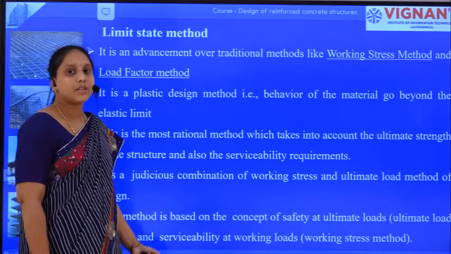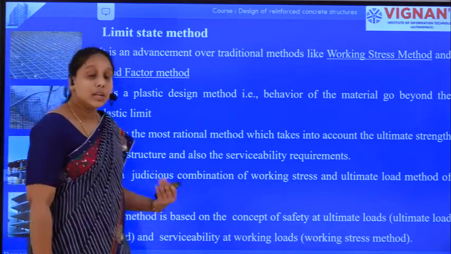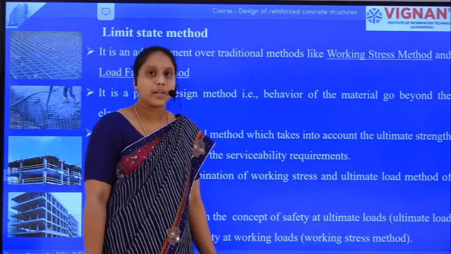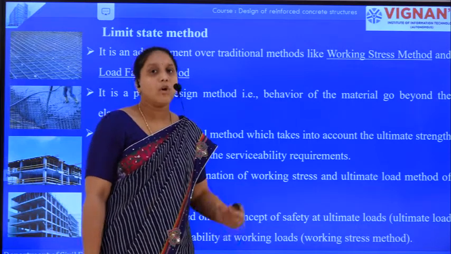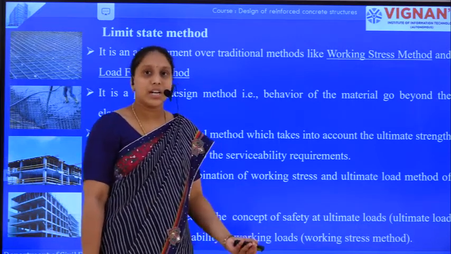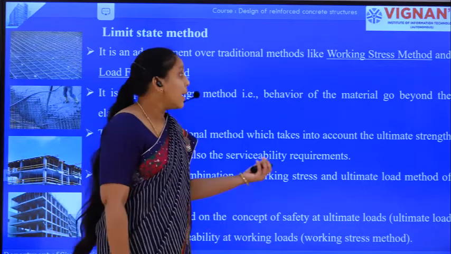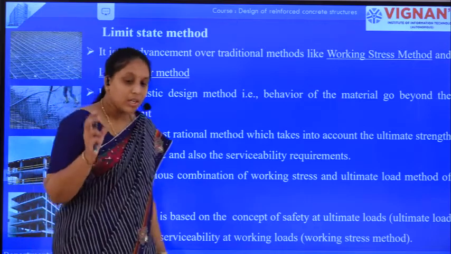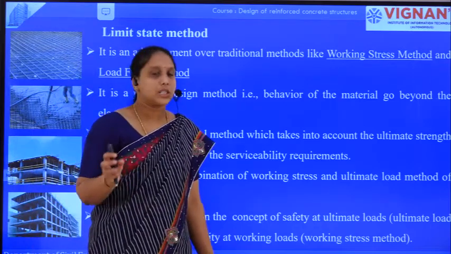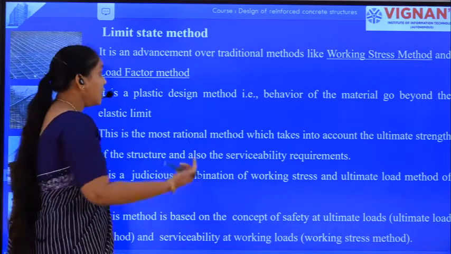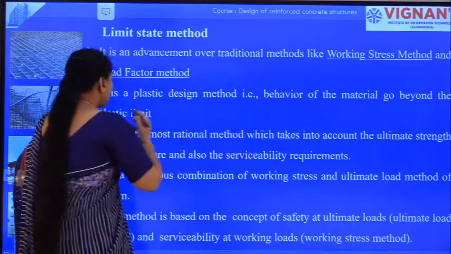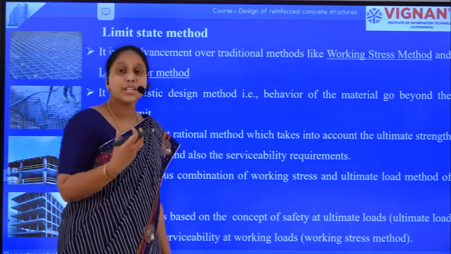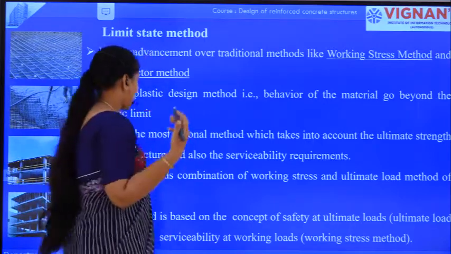Why is it called the plastic design method? Because the behavior of the materials, that is the steel and the concrete, above the elastic range, that is the behavior of the materials in the plastic stage, is taken into account. That is, the original behavior of the materials is taken into consideration. So the behavior of the material goes beyond the elastic limit, that is the plastic stage is taken into consideration.